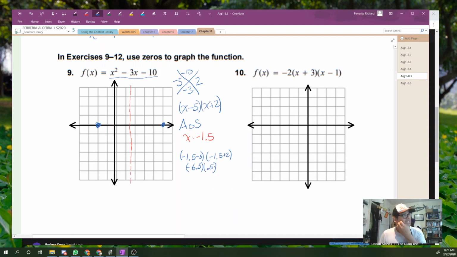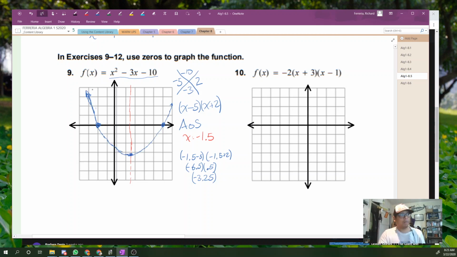And what's half of 6.5? Well, that's 3.25, -3.25. So let's put that point in here, about a quarter of the way down, and let's draw your parabola.